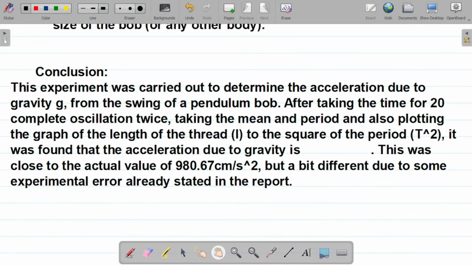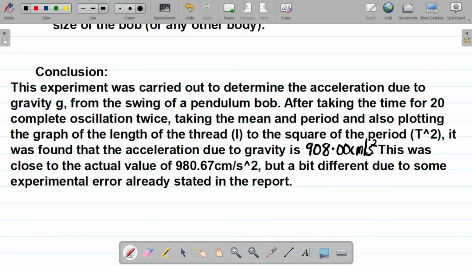It was found that the acceleration due to gravity is 908.00 cm per second squared.